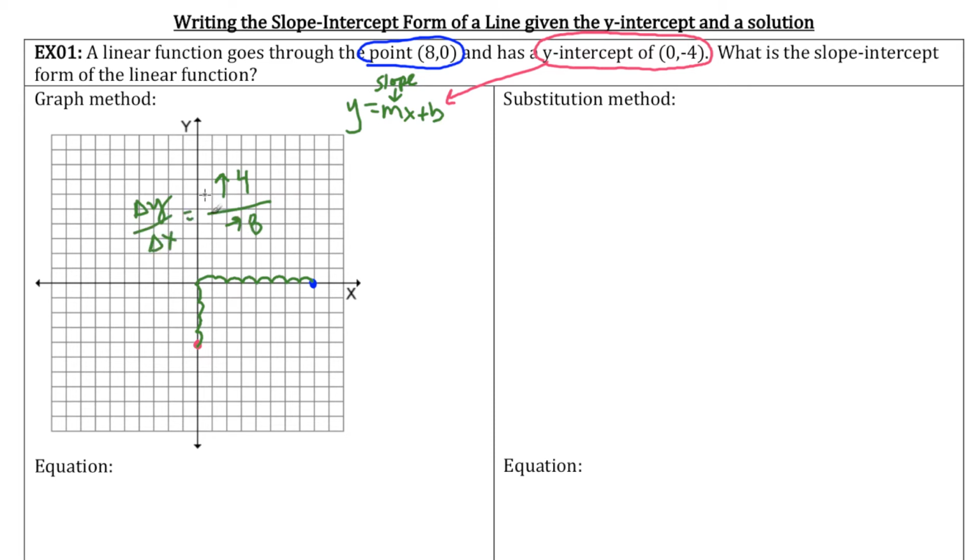Up 4, right 8, so positive, positive. 4 over 8. We can reduce by a factor of 4, and then we get 1 over 2. So let's see if this is right. Up 1 over 2, up 1 over 2, up 1 over 2.